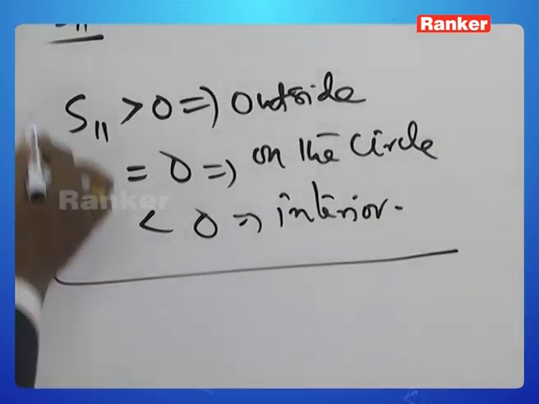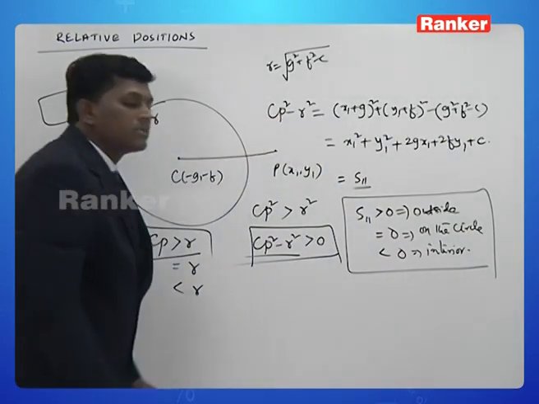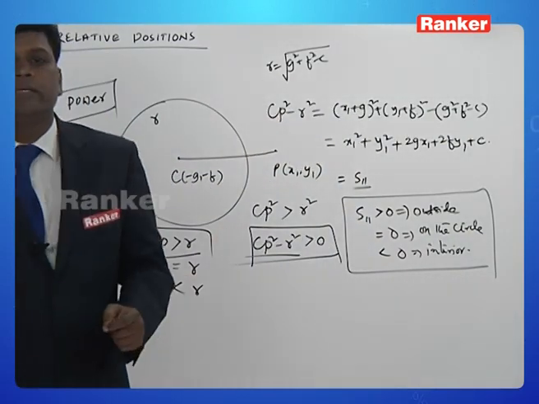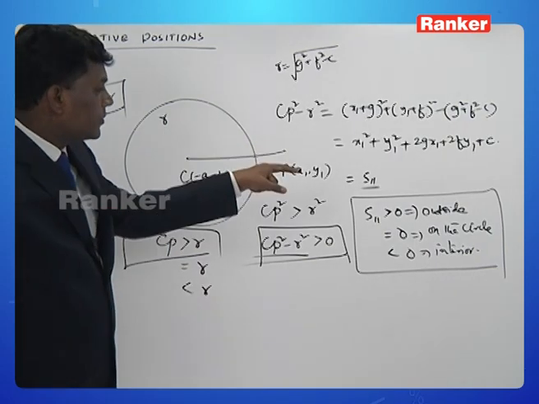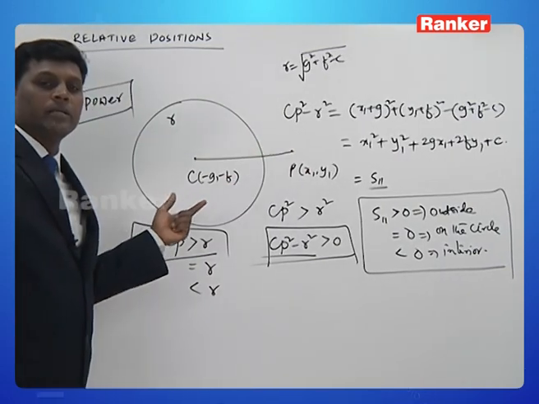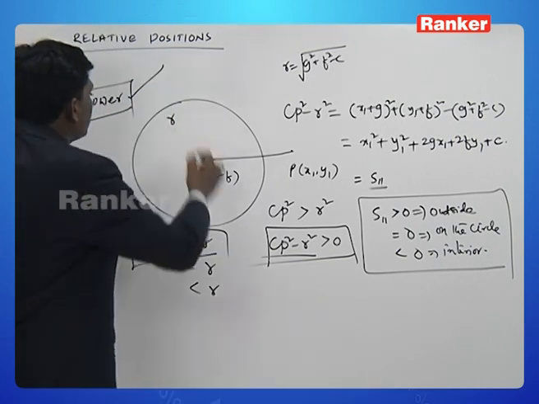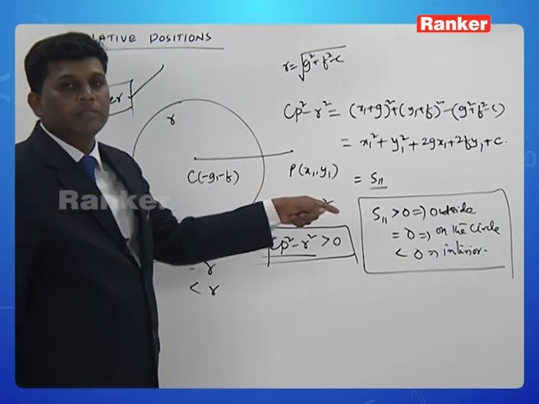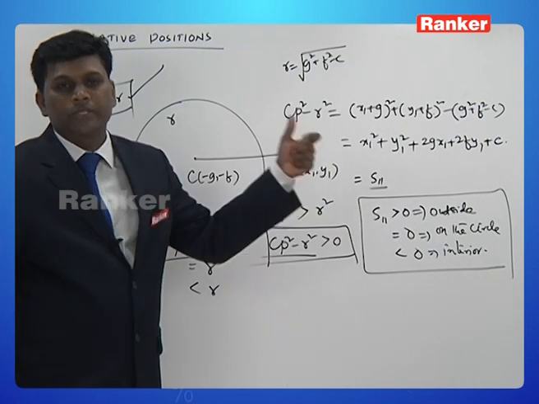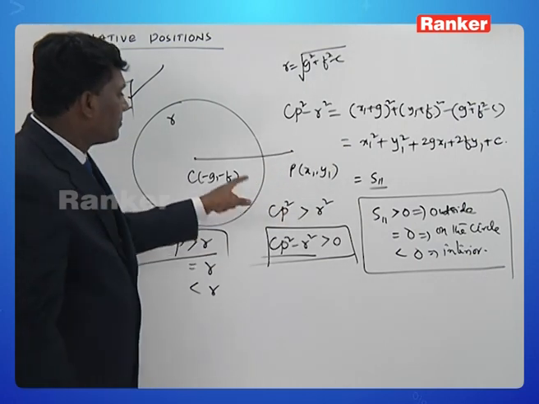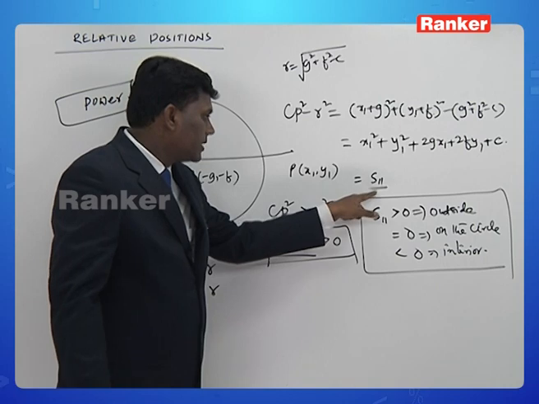So S11 clearly has the power to decide the relative position of the given point with respect to the given circle, and hence we can take this value as the power of the given point with respect to the given circle. So power can be calculated by using S11.